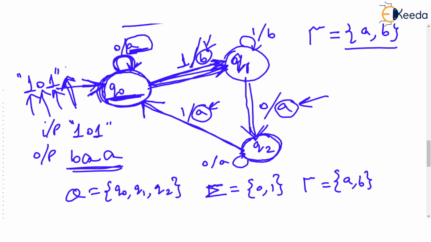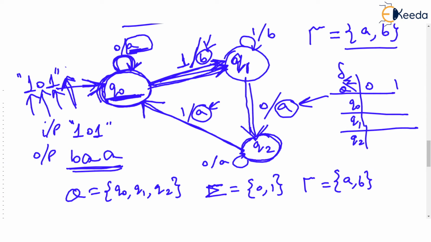What is delta? I'll draw delta here. Delta is a table of Q cross sigma. Remember, sigma is 0, 1, and the states are Q0, Q1, Q2. Just check. Q0 on 0 remains in Q0, but Q0 on 1 goes to Q1.